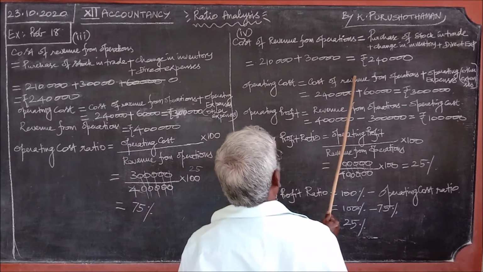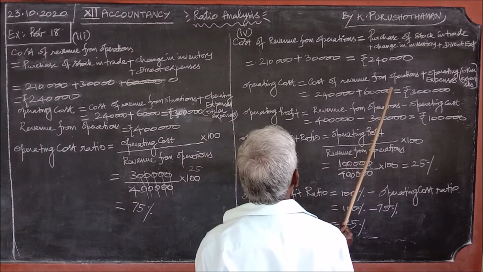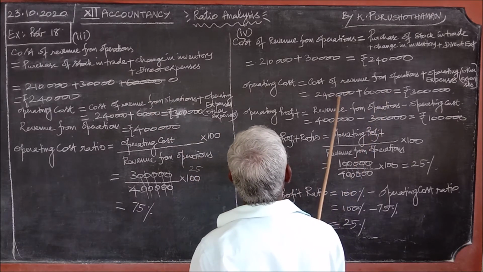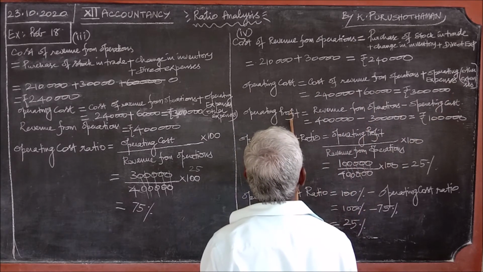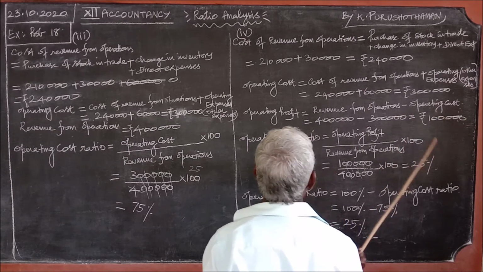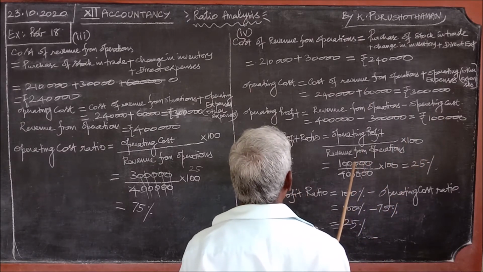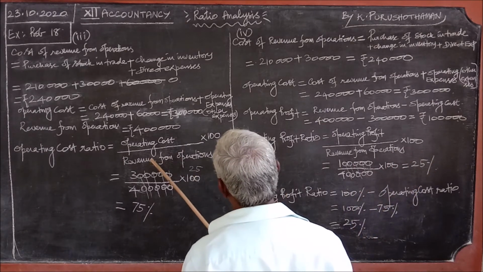The same thing I have done here. So revenue minus cost, we will get the profit. That is 4 lakhs minus 3 lakhs is equal to 1 lakh. So substitute the numerator value and the denominator value into 100, simplify, 25%.